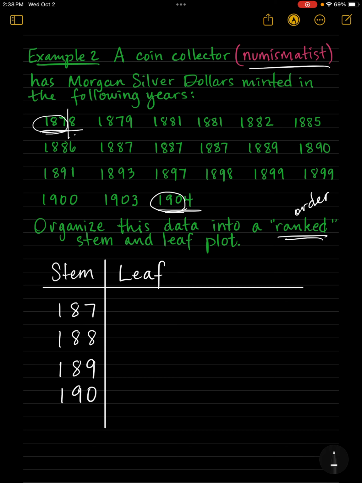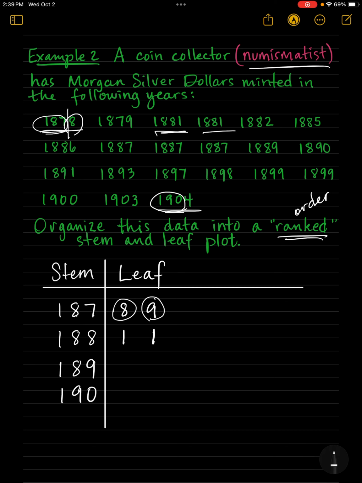Now I'm going to put the leaves on. You can separate them by commas, or you can just space them neatly. So the 8 represents 1878, and the 9 represents 1879. Now for the 1881, I'm going to put a 1 here.